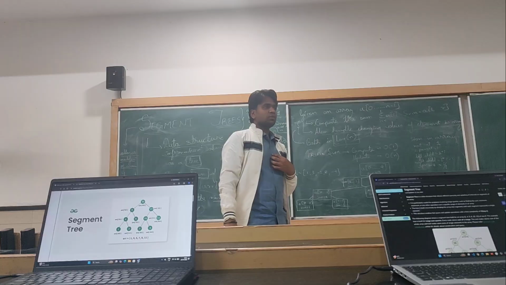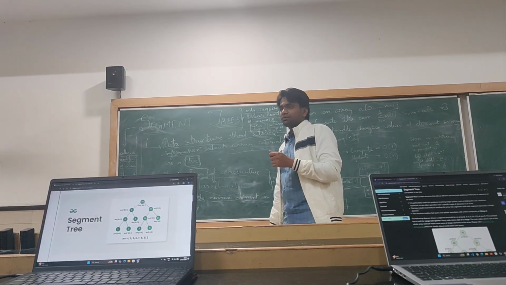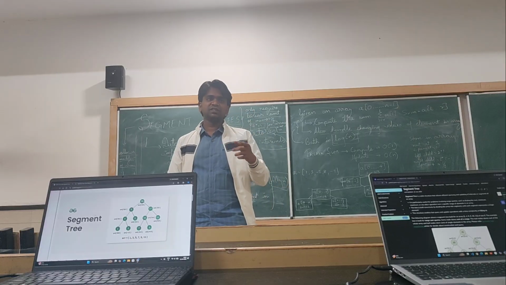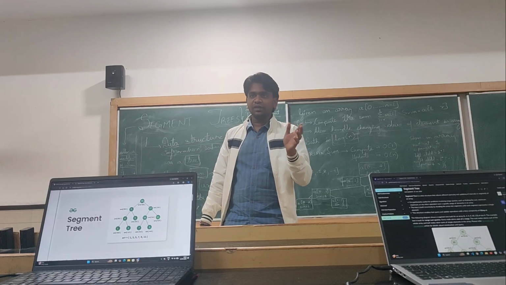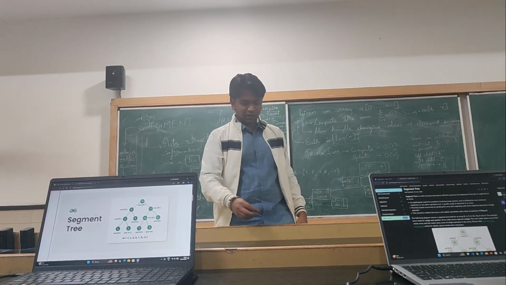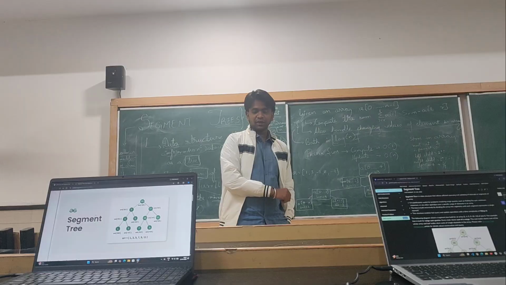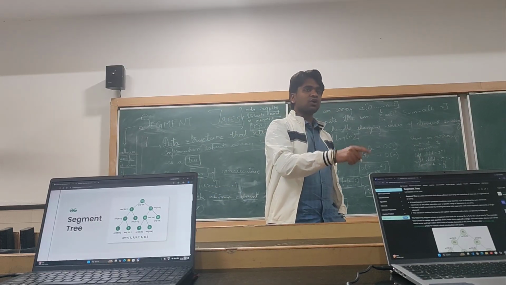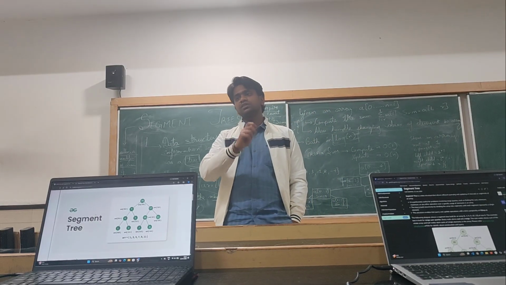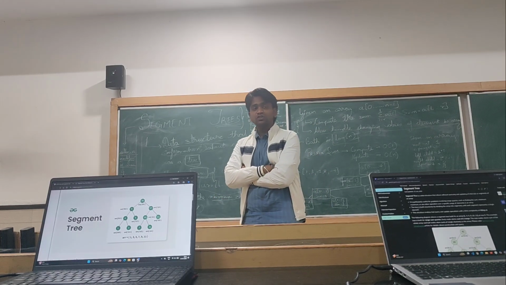I have an algorithm which takes O of n time. If I pass it 2 to the power 16, it will take 65536 operations, let's say 65536 seconds, which translates to 18 hours 12 minutes. And if the algorithm is log n, this will be done in 16 seconds. This is the difference.